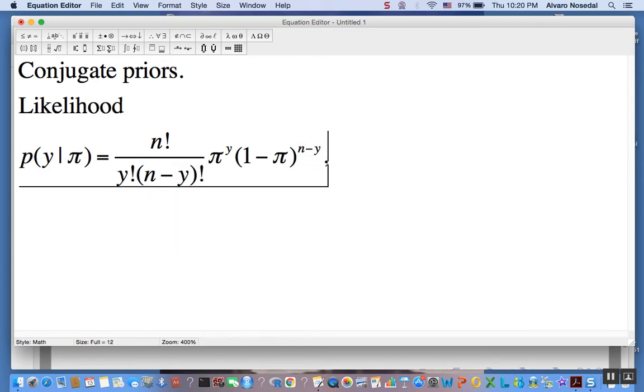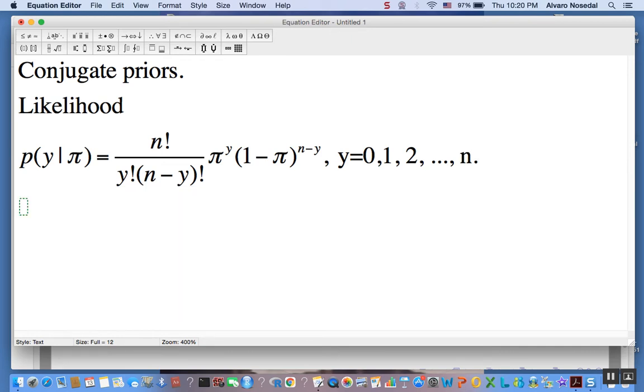And we know that the values of y could be 0, 1, 2, and so on up to n.